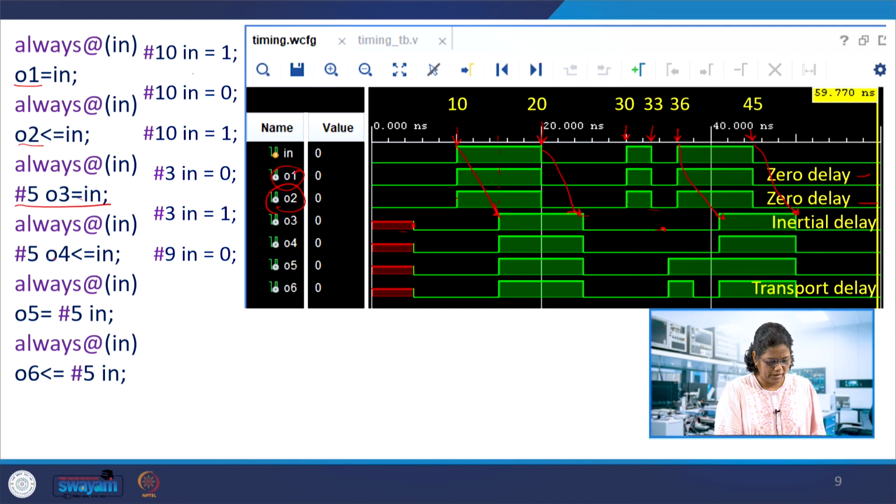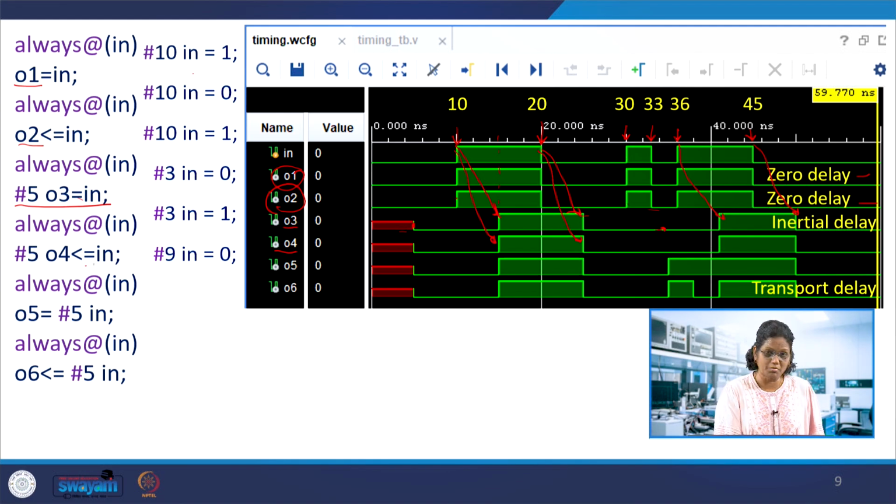Similar is the case of #5 O4 <= in, with non-blocking. If it is the same statement with non-blocking, we can see O3 and O4 behave similarly.